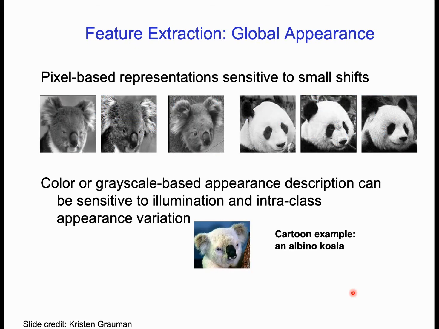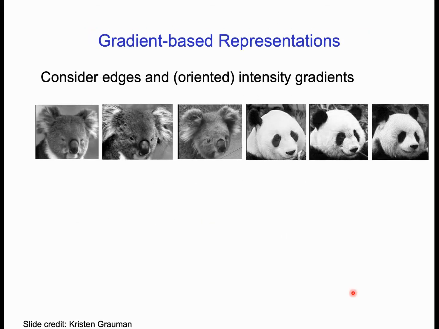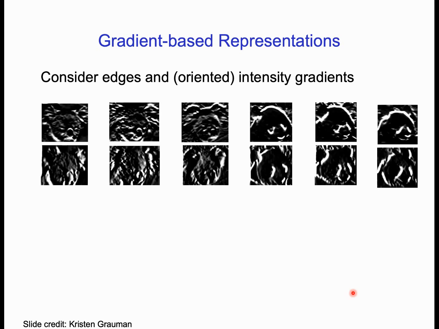So I will not be able to do a matching accurately. On the other hand, the color or grayscale-based appearance descriptions on the histograms, well, they might be sensitive to illumination and intra-class appearance variations. For example, I wouldn't be able to find an albino koala if I assume that the koala color should always be gray. Instead, the gradient-based representations really have a certain advantage.